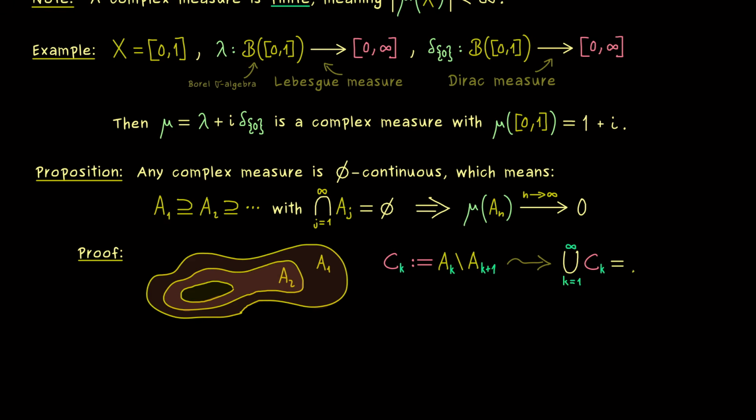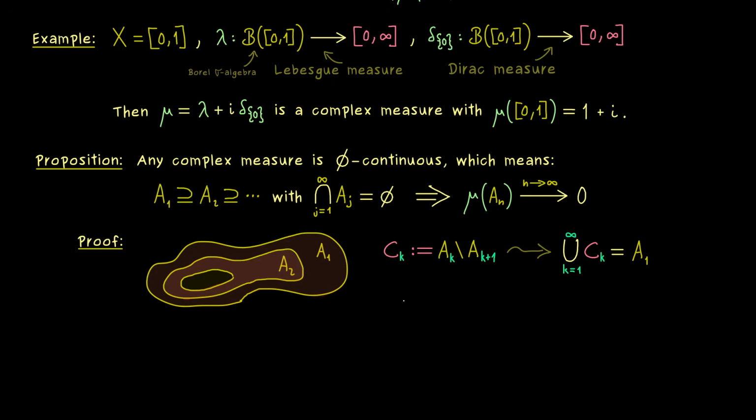And with that we have a nice collection of subsets where we can apply our sigma additivity of mu. And since there is an infinite sum included in the sigma additivity, we can first have a look at the finite sum. So we have mu of C_k and we sum from 1 to n. And here, since C_k is given by a set difference, we also know what the result of the measure is by the sigma additivity.